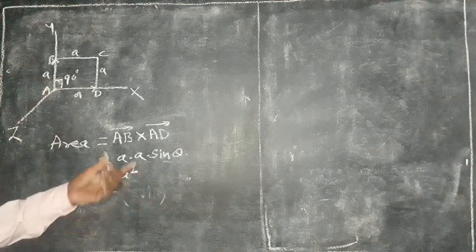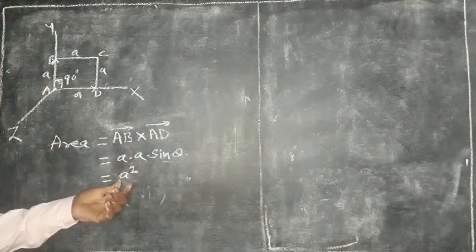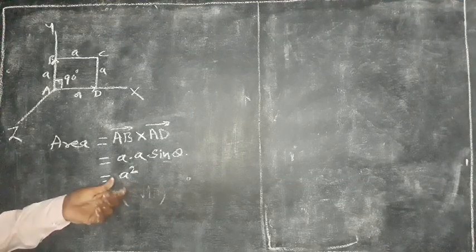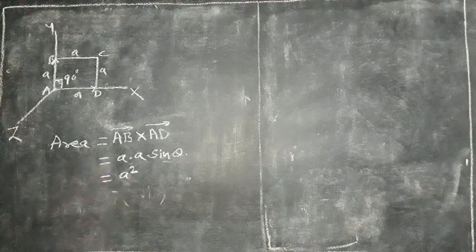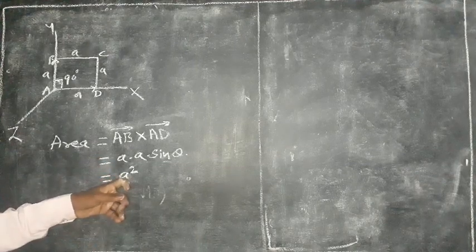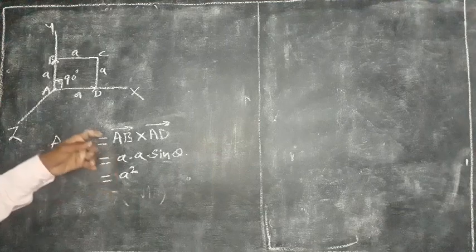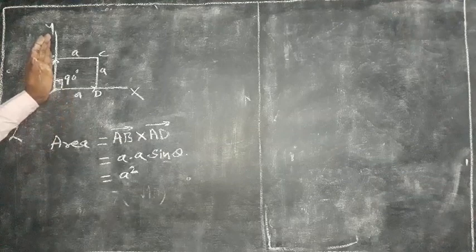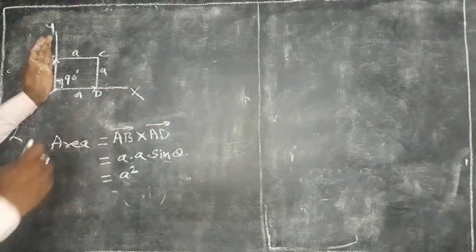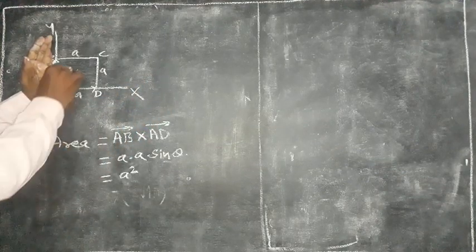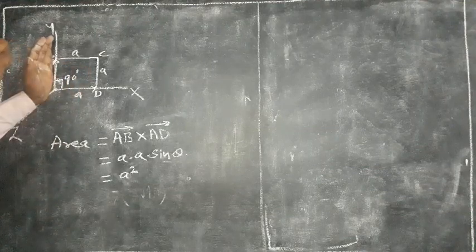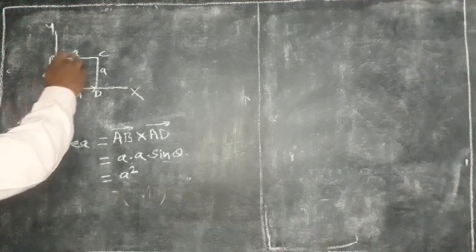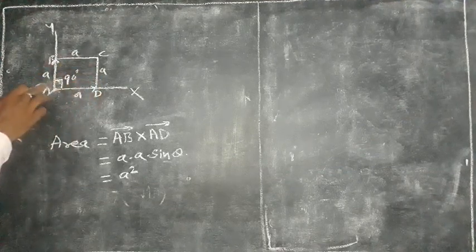Since here it is a cross product, therefore it has some direction. And the direction of this area vector is always perpendicular to both the vectors AB and AD. AB is acting along this direction, AB is horizontal. Therefore, it is perpendicular to both the vectors, it is perpendicular to this surface.